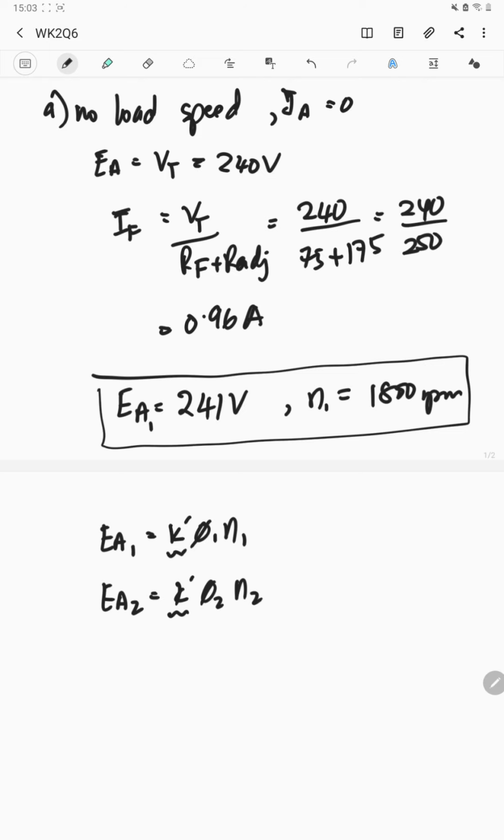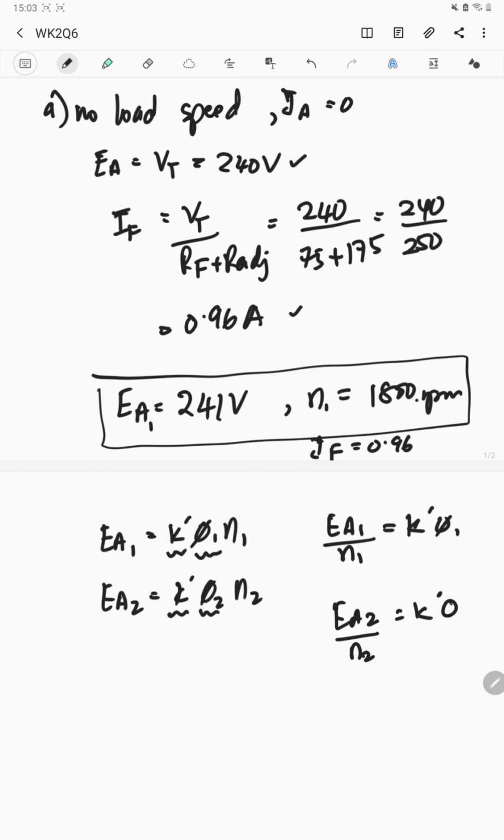This 241 volts at 1800 RPM is read at IF equals 0.96, and 240 volts you also get when your IF is also 0.96, so the flux in the machine is the same. If we rearrange, EA1 over n1 is K prime phi 1 and EA2 over n2 is K prime phi 2. Since both of these terms are the same, we can simply equate them. That's how we get this equation.